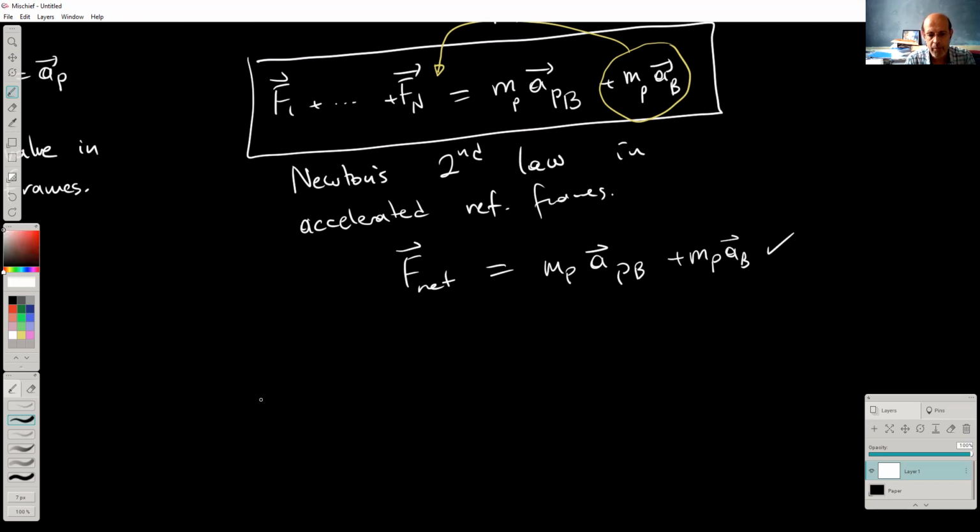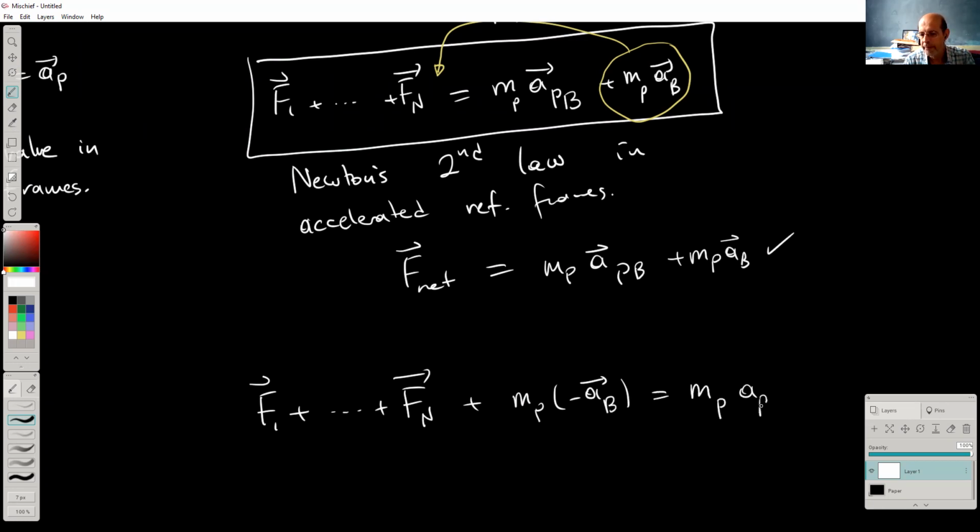So this is basically something like that, and then we have the mass of the particle multiplied with minus the acceleration of the reference frame. I'll talk about this in a moment. I'm just going to explain a little bit more.